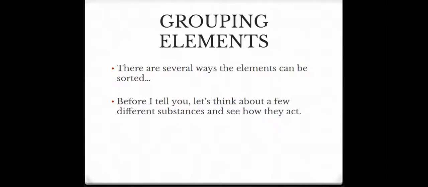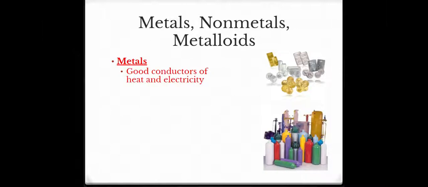So we've talked about the ways that the periodic table is sorted into groups and periods. The elements themselves are also sorted on the periodic table. Before I tell you how they're sorted, let's think about a few different substances and how they act. Metals are good conductors of heat and electricity. They have a high luster or shine.